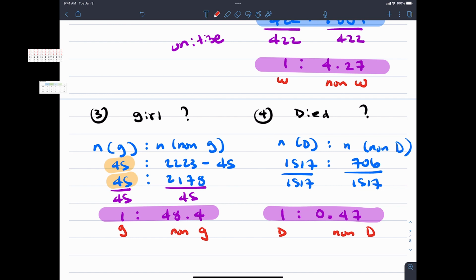Every year you guys might read, I know I do, and they'll give you the odds for the Dodgers winning the World Series. It might be 1 to 2.18. And then people go, what does that mean? Well, 1 chance of winning to every 2.18 chances of not winning.